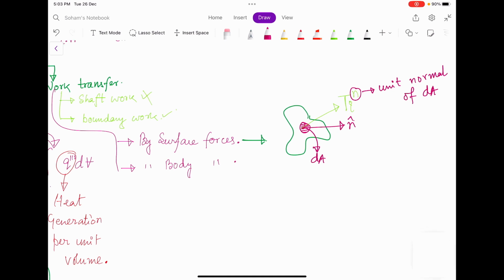And this i is the direction of application of force.